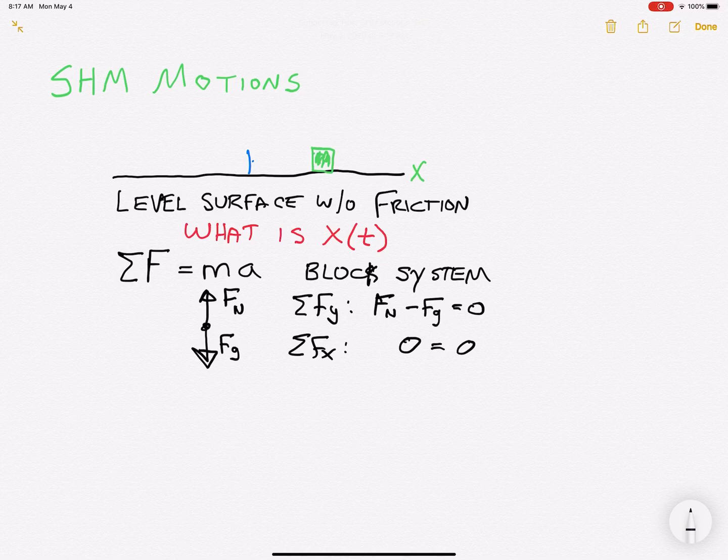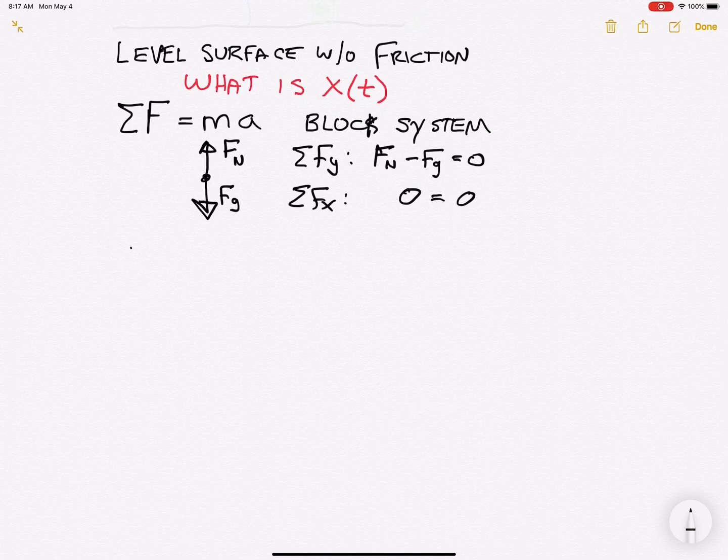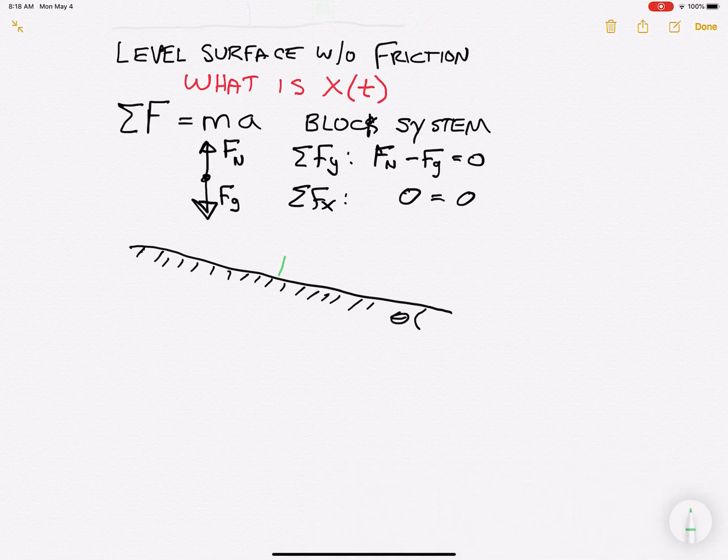Okay. Let's take the same idea and do it again. Only this time what I want to do is I want to tilt the surface. Some angle theta. And we'll put the block on it. And this will be our axis point.